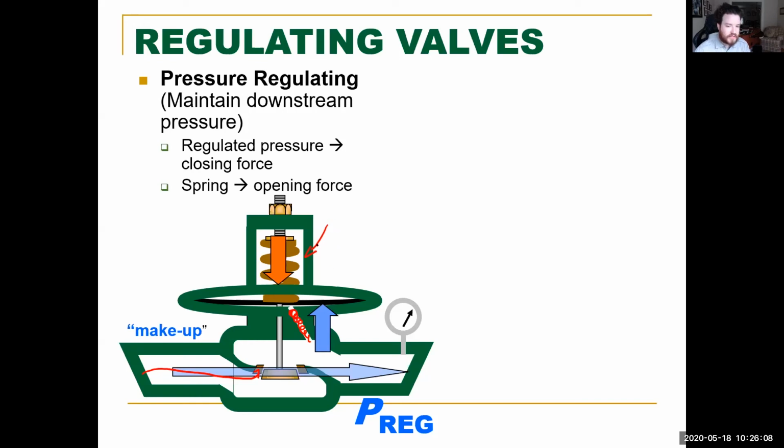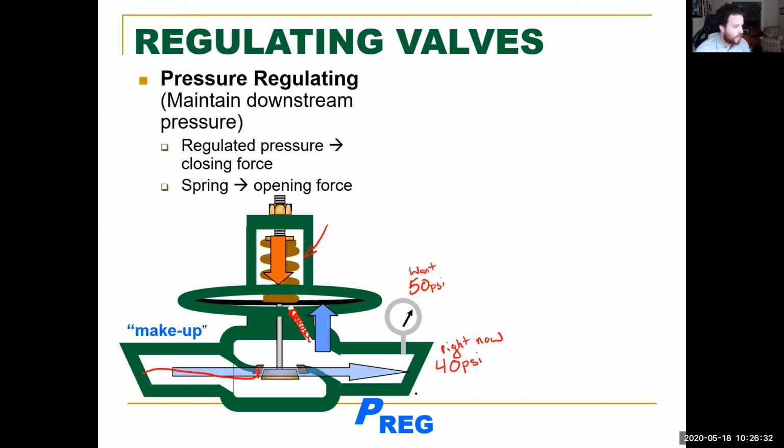This will be set for a certain pressure. So let's keep it with that: we want 50 PSI. So if we're at, let's say, 40 down here, that's right now. So we want 50 PSI.